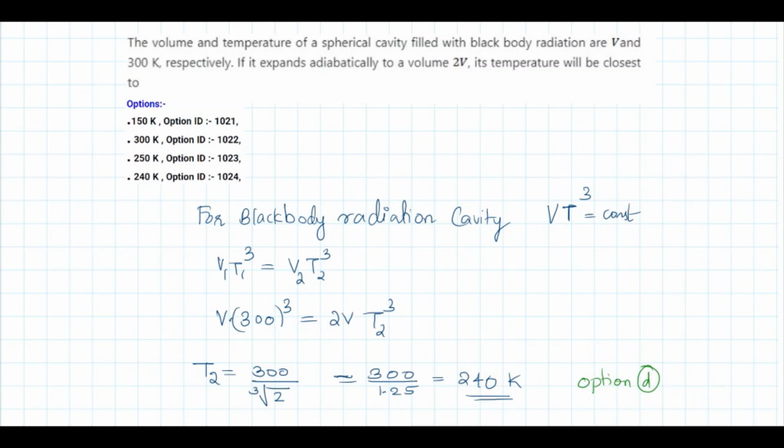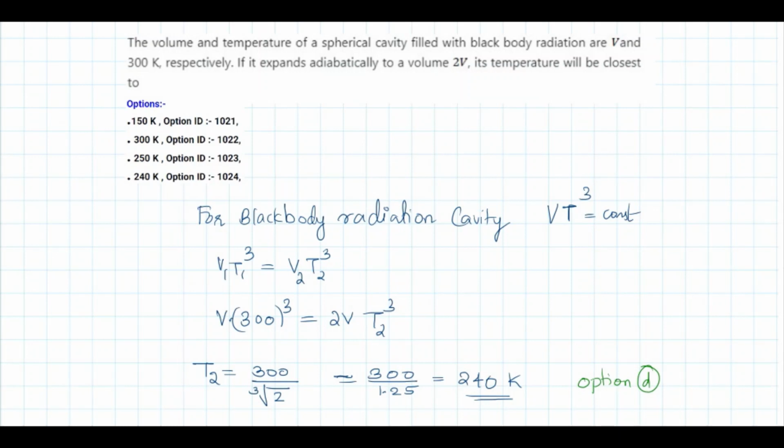A black body radiation cavity is a Bose gas, and for a Bose gas, the relation between volume and temperature is V T cube is constant. So here we can write V1 T1 cube is V2 T2 cube. V1 is V, T1 is 300, V2 is 2V, T2 is unknown.